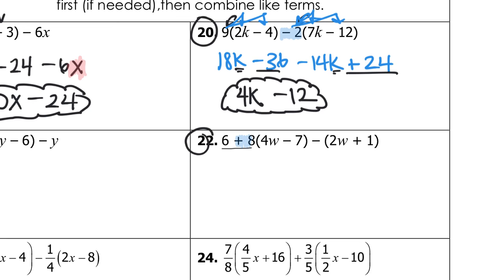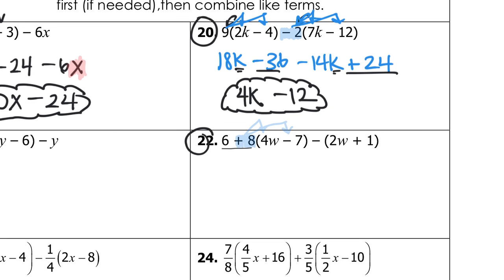So that positive 8 doesn't mean plus 8 here. It means positive 8 times 4W. Positive 8 times -7, okay? So this positive 8 does not mean plus 8 in this problem. It means positive 8 times because of that parenthesis behind it. So that's an important feature that we've got to pick up when we're doing these problems.